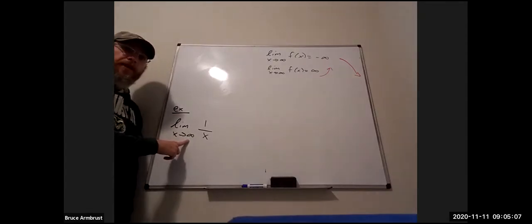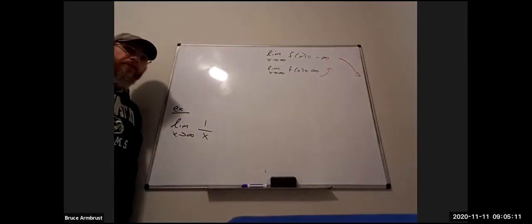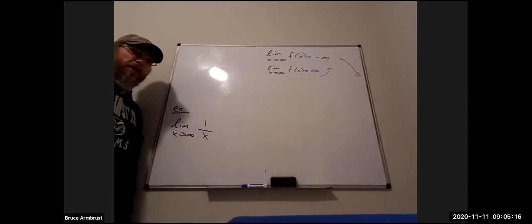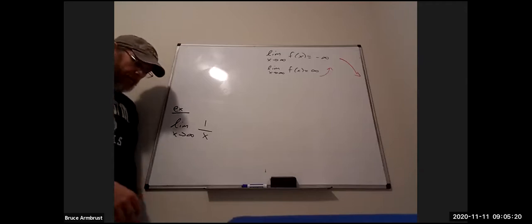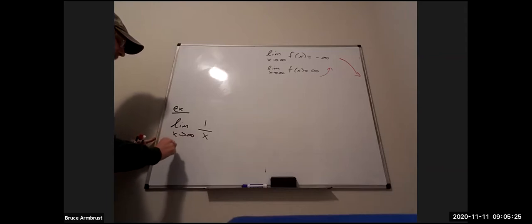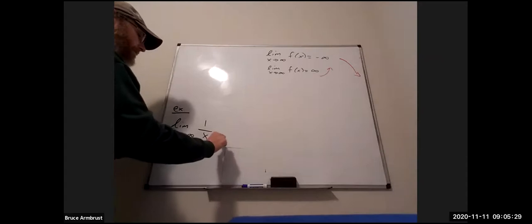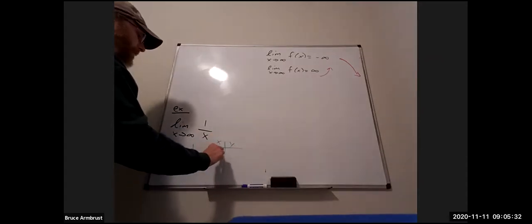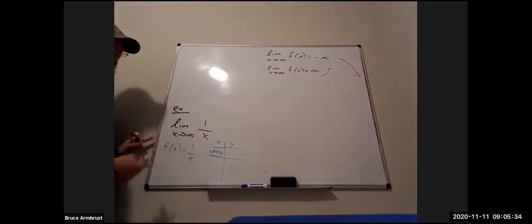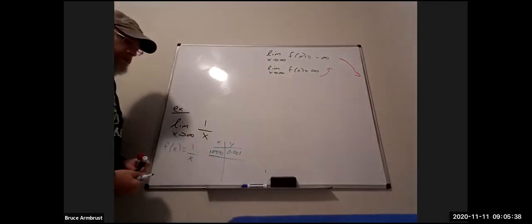So we're going towards infinity, and we want to keep plugging in bigger numbers until we start seeing a pattern. So for example, plug in 1,000. 1,000's pretty big, right? Well, what do we get if we plug in 1,000? If we said f of x equals 1 over x, let's make a little list here, some x's and some y's. So we plug in 1,000, we get 1 divided by 1,000, which would be 0.001.